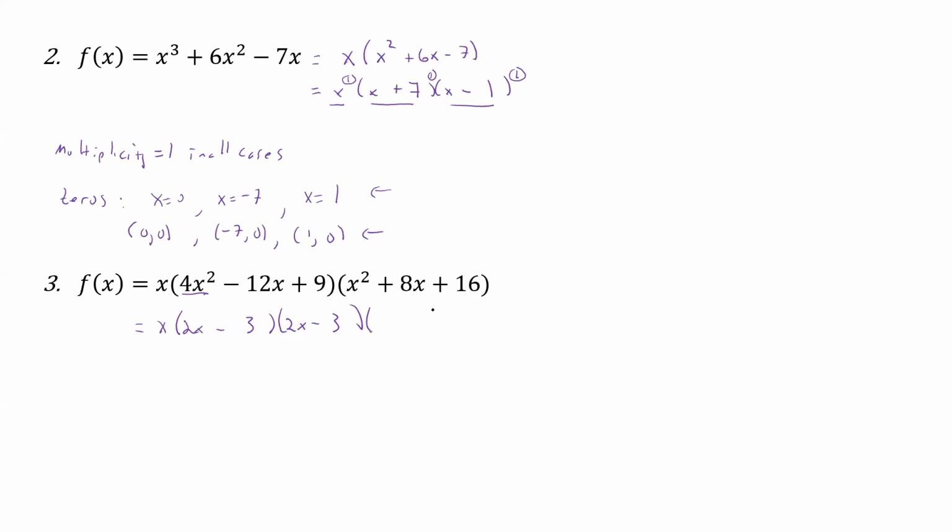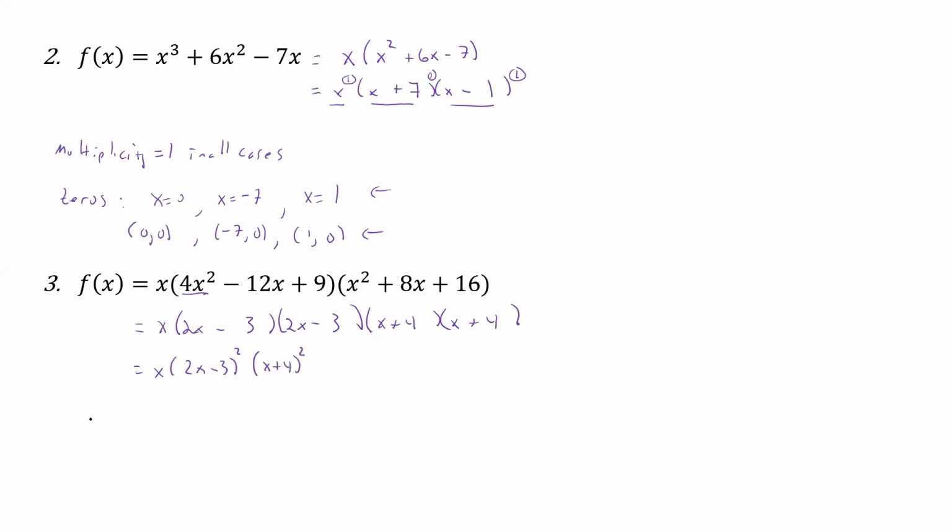And this one also factors into a perfect square trinomial. This one's going to be x plus 4 and x plus 4 because this is half of that. Okay. So if we square that, that's 16. That's 4x plus 4x is 8x. And so now this is written as x times (2x minus 3) quantity squared, times (x plus 4) quantity squared.